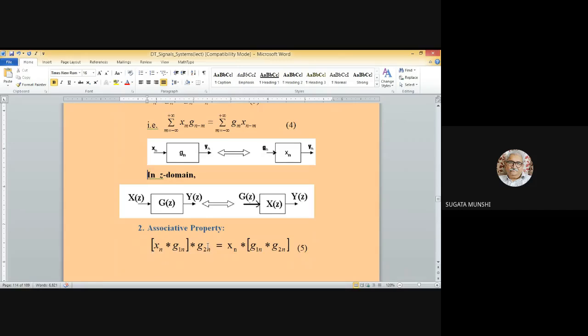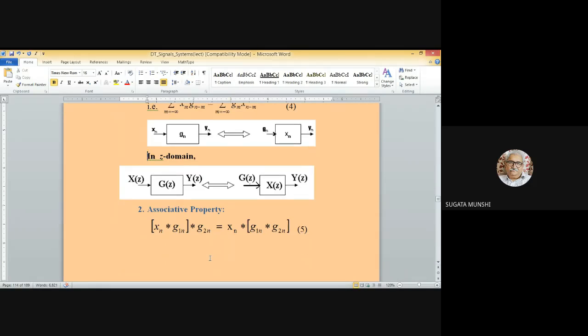All right. So as if two systems are there, they are in cascade. Two non-interacting DT-LTI systems are in cascade. And the output of the cascade combination is given by the left-hand side, which we will represent as y[n].